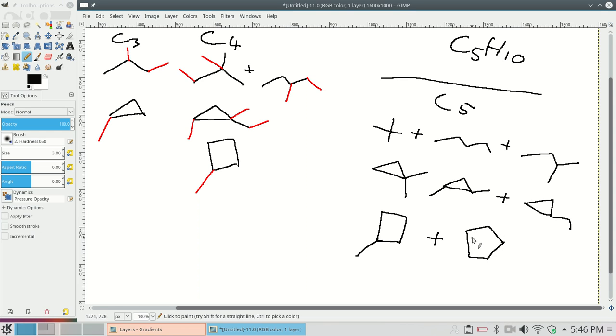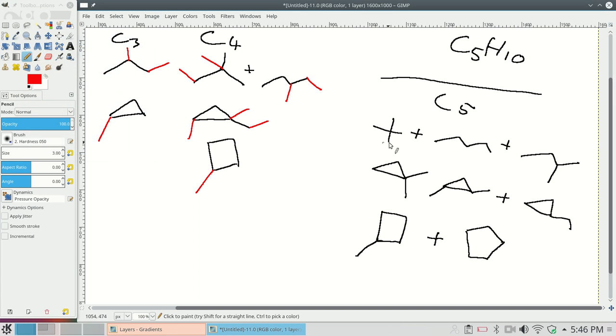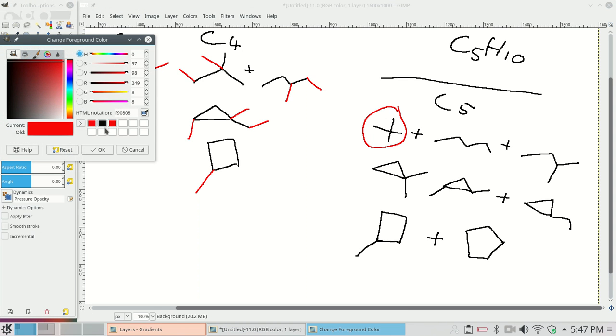Now lastly, we have to think about the fact that we actually have to stick 1 unit of unsaturation in here. The structures that aren't cyclic will need to have a double bond. We don't have any other functional groups in here, so it has to be a double bond. Now if you look very closely, the completely branched structure, the one that I'm just marking in red, cannot have any double bonds without generating a Texas carbon.